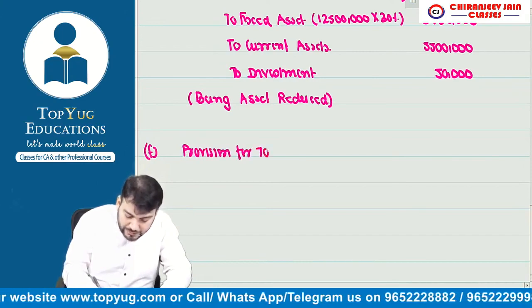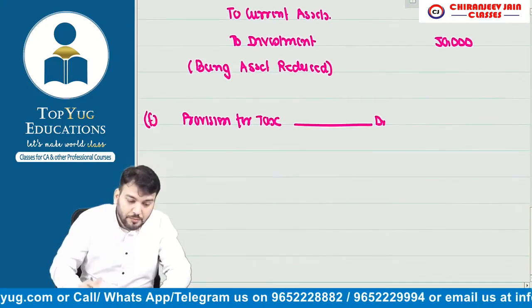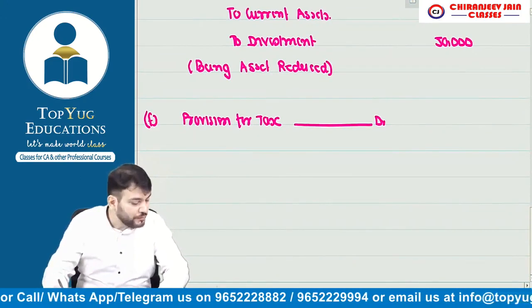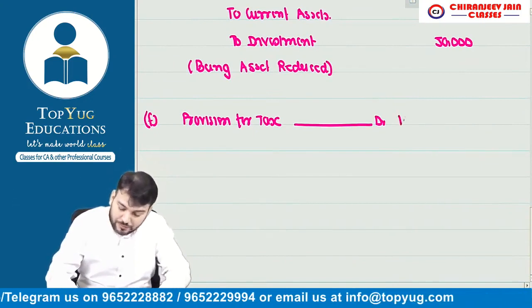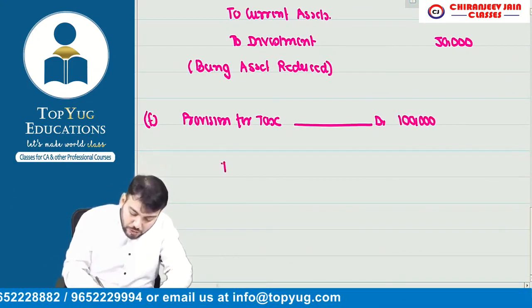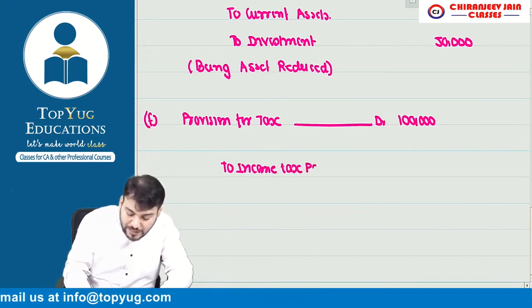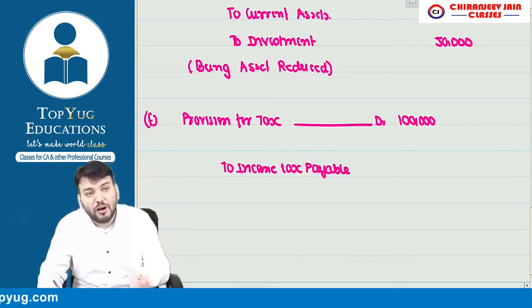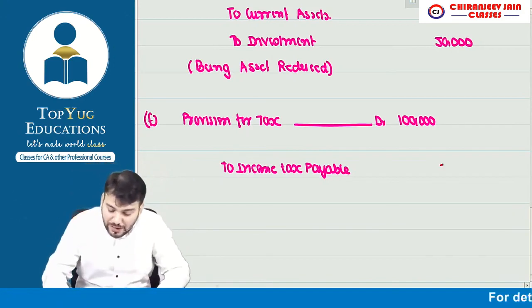Provision for tax account debit. How much is provision for tax? It is 1 lakh. To income tax payable. So it is settled. Of course now we need to convert provision into liability, so it will become 1,50,000.